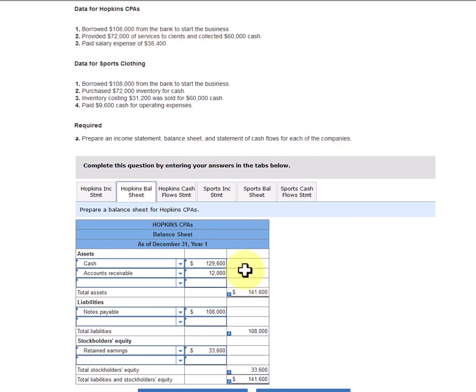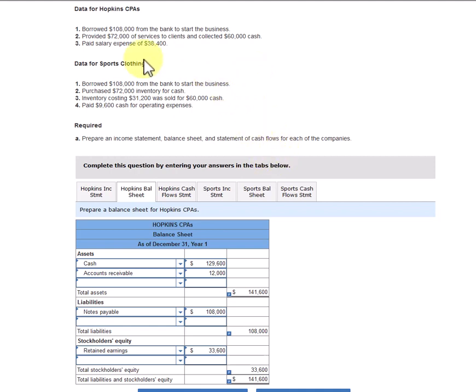Now, let's go up and look at cash and accounts receivable, because both of these are going to have to be calculated. Accounts receivable is going to be pretty easy to calculate. The amount of accounts receivable is going to be the difference between the amount of services that we provided and the amount of cash that we collected.